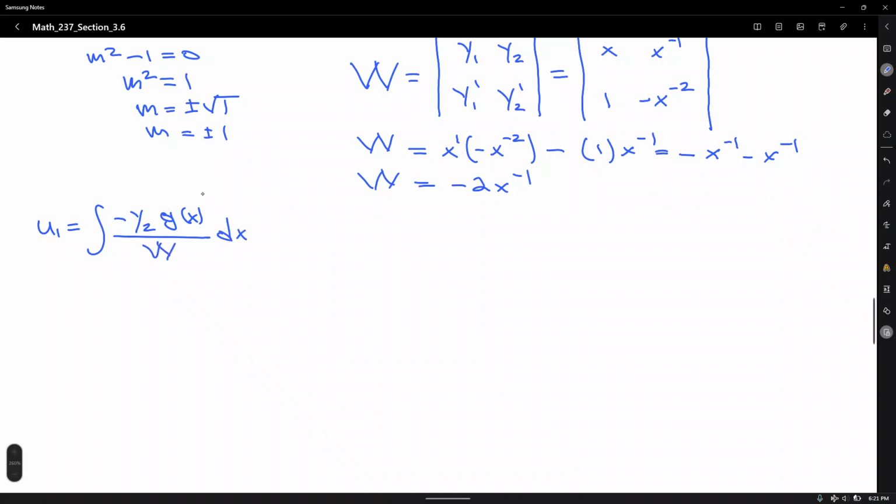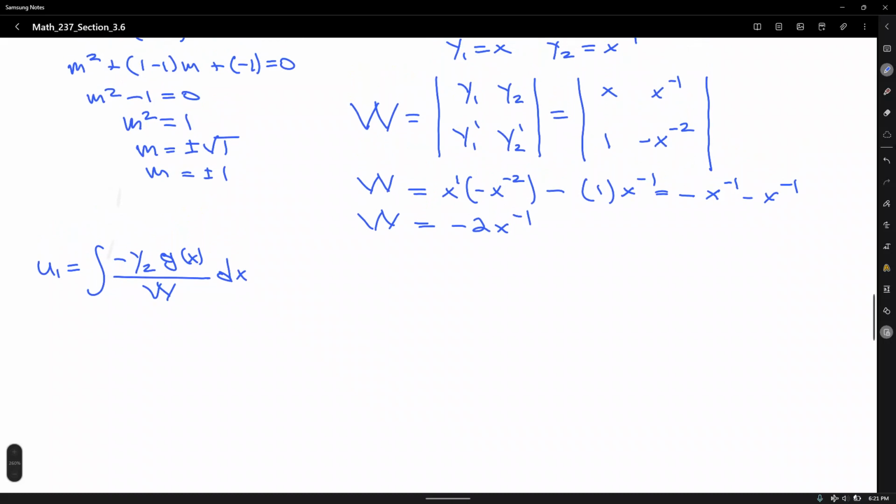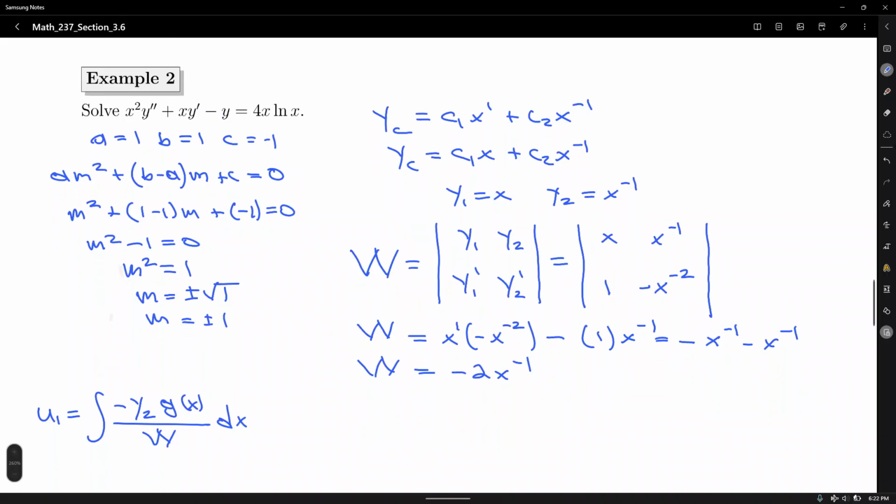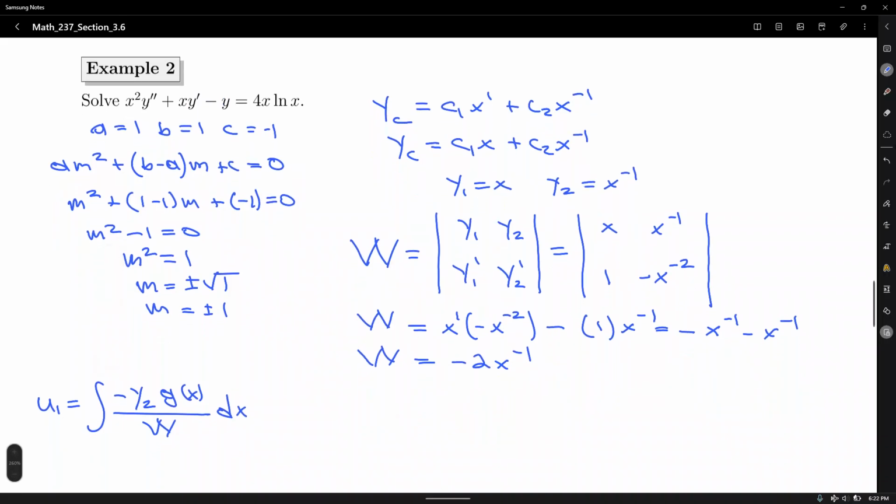Now you need to be very, very careful with g of x, which is the forcing function in our equation. You might recall that when we define these integrals to find the particular solution for this method, variation of parameters, we found these expressions based on the fact that y double prime had a coefficient without any variable.